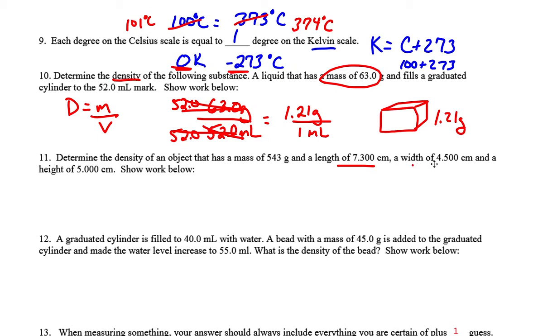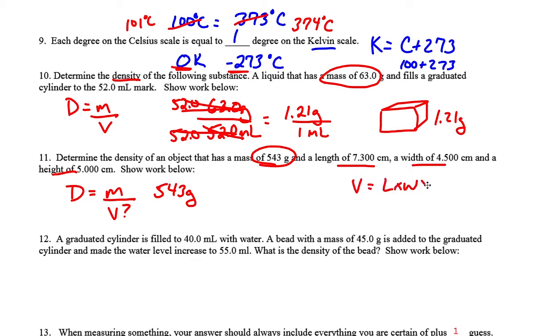All right, this problem is a little, I don't want to say tricky, but it's a little different because it doesn't give you the volume itself, it just gives you the dimensions, so you're going to have to figure out what the volume is. But you still know that the mass is right from the problem, 543 grams. We just don't know what the volume is yet because we have some numbers here. So whenever you're looking for volume and you have a regular shaped object, it's length times width times height.